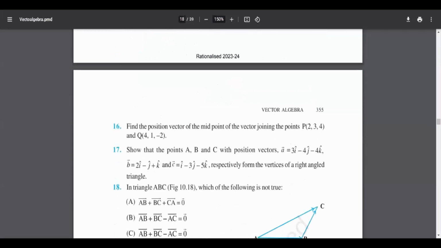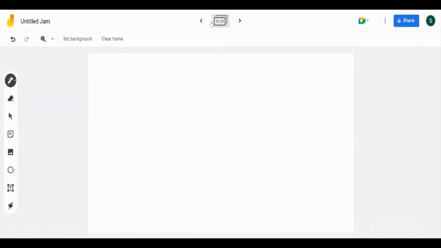Question number 16 says: find the position vector of the midpoint of the line joining these two vectors. Midpoint is very easy. If we are given vectors P and Q, the midpoint R is simply P plus Q by 2.